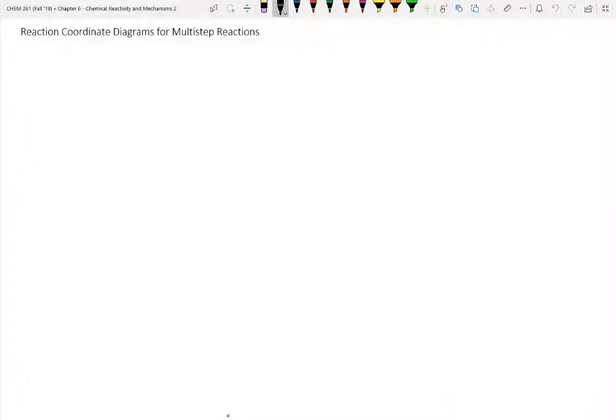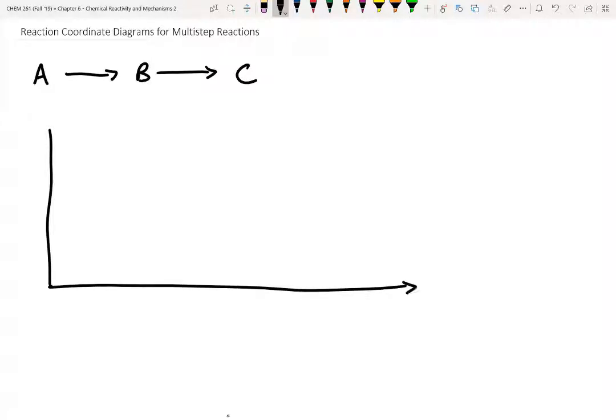What I mean by a multi-step reaction is, let's say we have A going to B in one reaction, and then B goes to C in another reaction. Sorry, I should turn the lights back up, huh? There we go. So this is a multi-step reaction. We can draw our reaction coordinate diagram like this, where we've got our potential energy, or Gibbs free energy over here, and we've got our reaction progress over here.